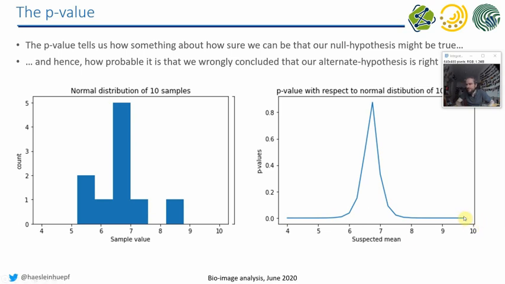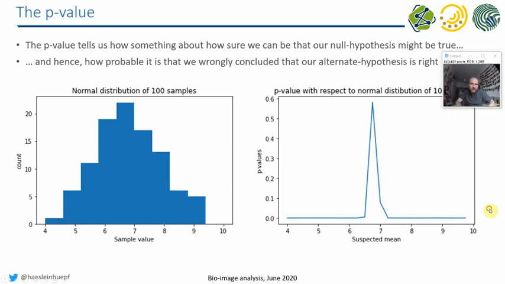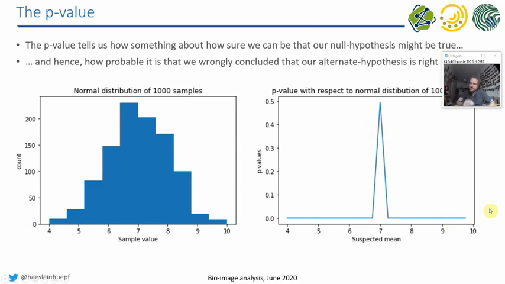That also means that the probability value of the population mean being 9 or 10 goes down. I can continue this sampling until 1000, and you see this becomes tighter and tighter. There's no edge here, it just has something to do with the resolution I was plotting with.